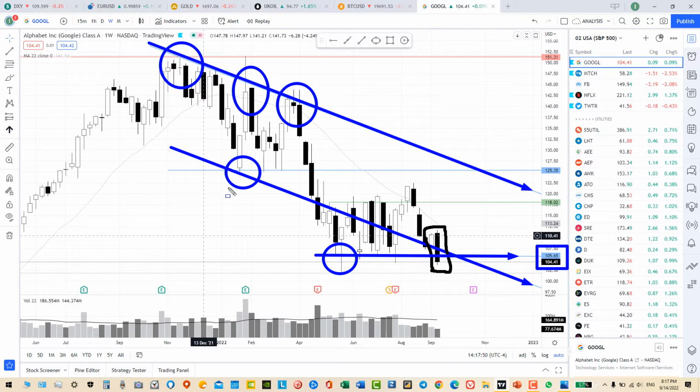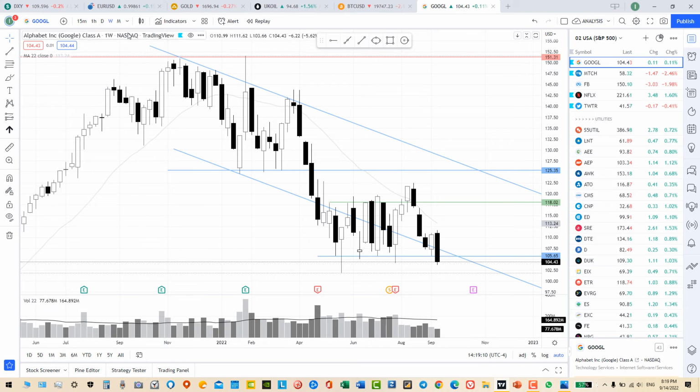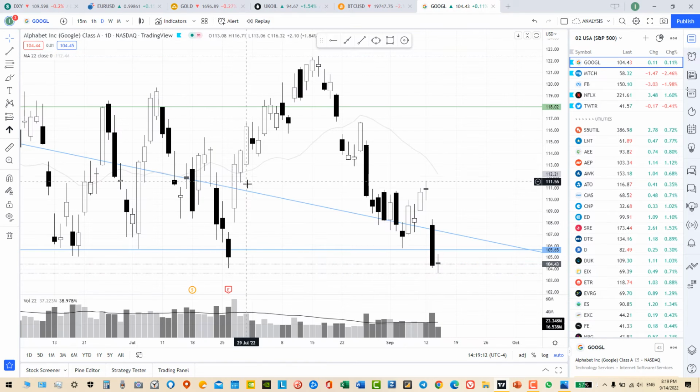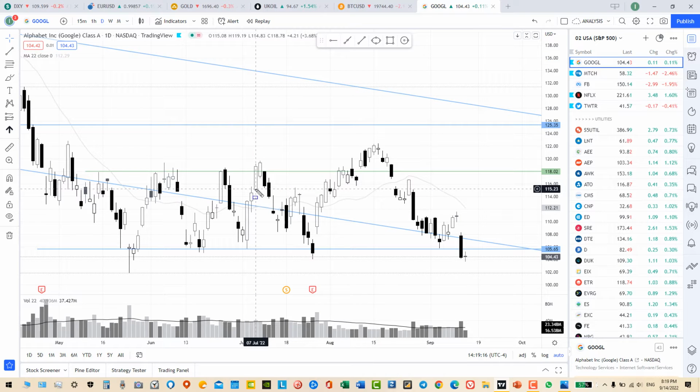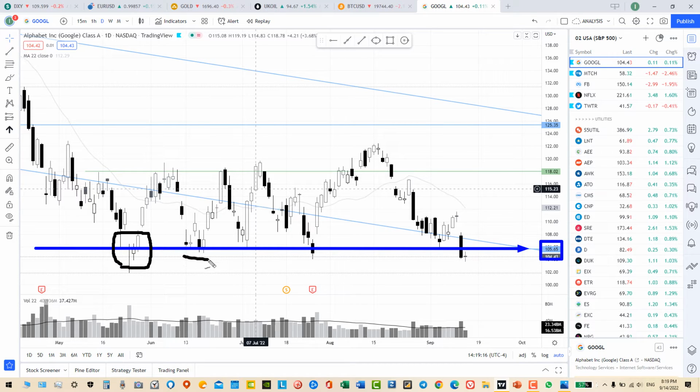Now let us check the picture over the daily chart to check the short-term details. Previously, not long ago, over the short term, there was a support around $105. This was a weekly medium-term support that managed to support the stock several times, once, twice, 3 times, 4 times.